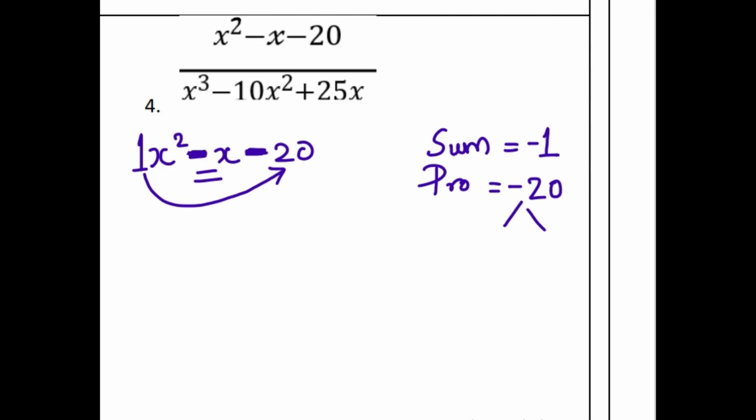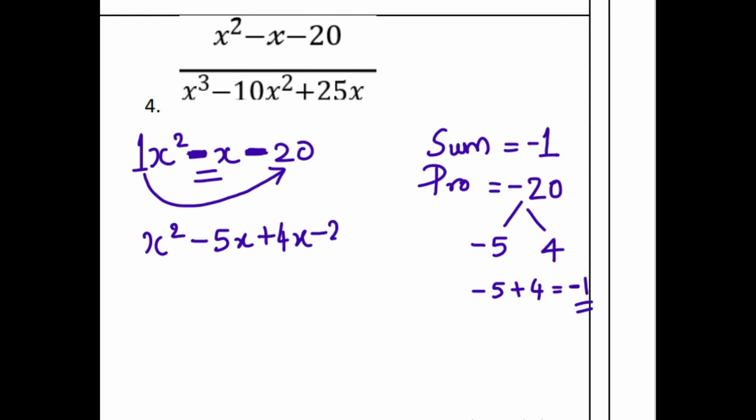Finding two numbers giving me a negative 20 as the product and a sum of negative 1, I will use negative 5 and 4. So the product of negative 5 and 4 gives me a negative 20, and the sum of these numbers, negative 5 and 4, gives me a negative 1. So x squared minus 5x plus 4x minus 20.